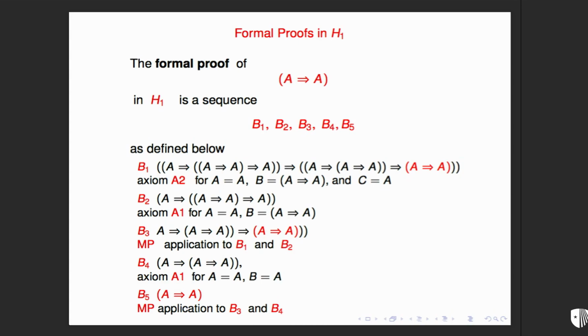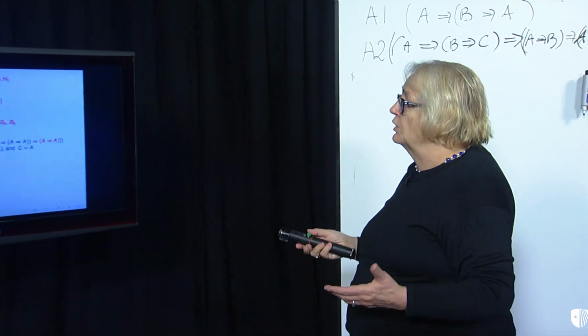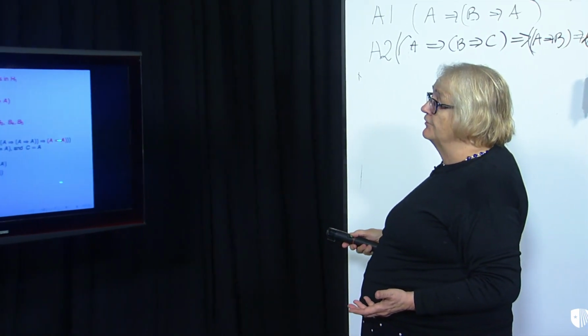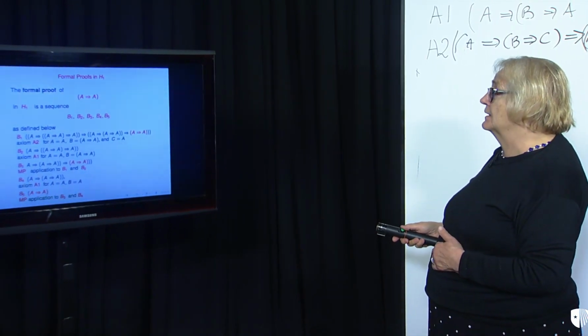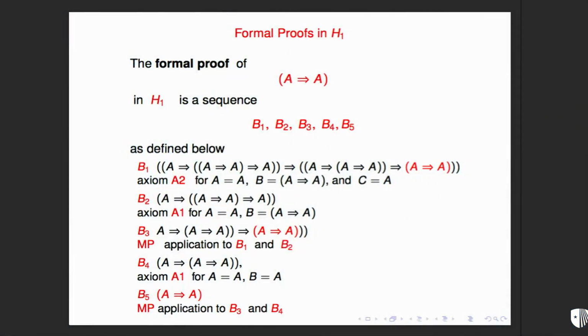And the next thing, so you can see that inventing even the starting point is pretty complex, but how do we do it? We know that we have modus ponens.